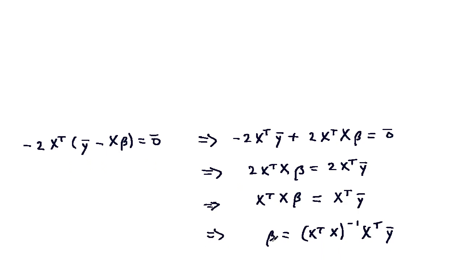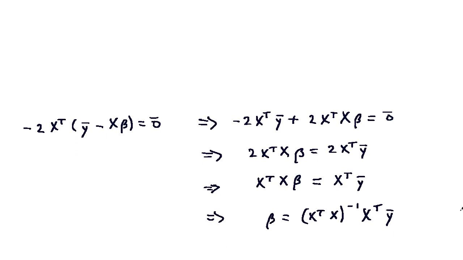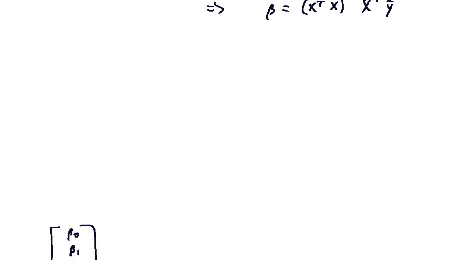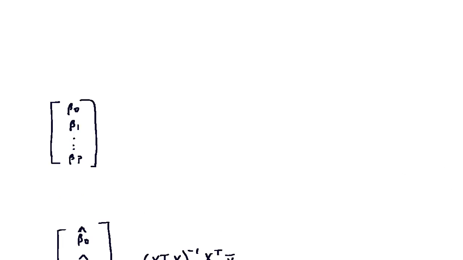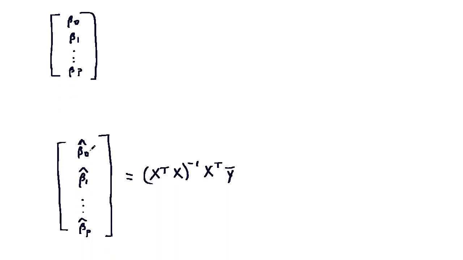We get beta equals x transpose x inverse times x transpose y. Thus, we solved for the vector of parameters, beta 0 through beta p, which minimizes the residual sum of squares RSS of beta. So we let the approximate values beta 0 through beta p be given by x transpose x inverse x transpose y.